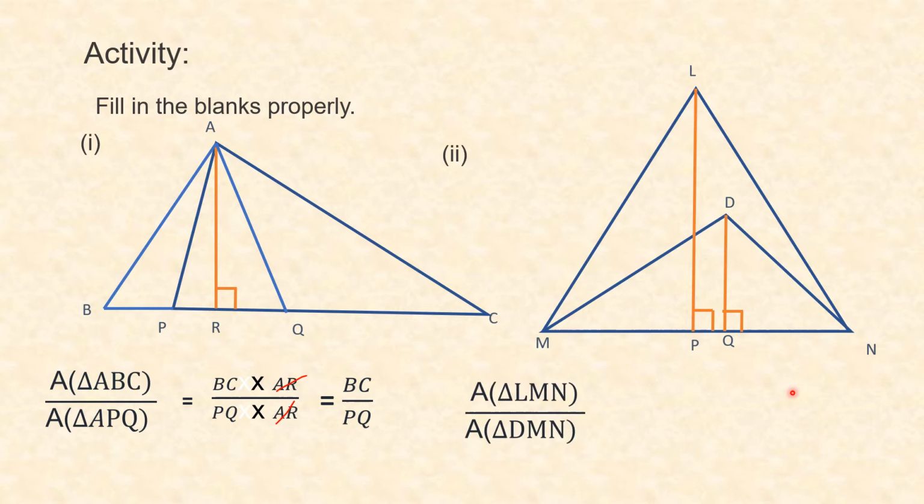Area of triangle LMN is to area of triangle DMN is equal to MN into LP upon MN into DQ. MN is common, therefore LP upon DQ.